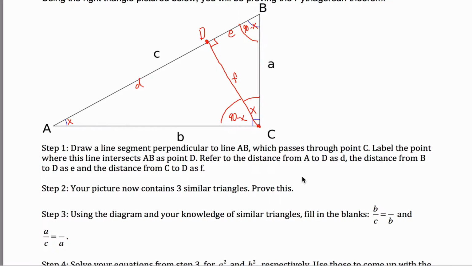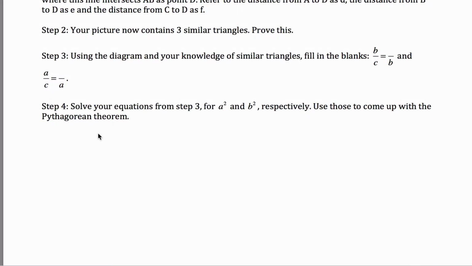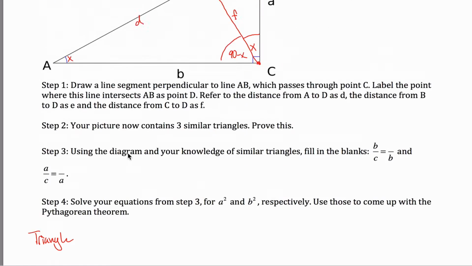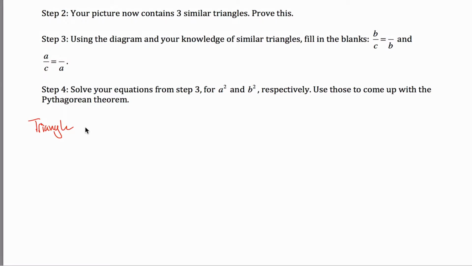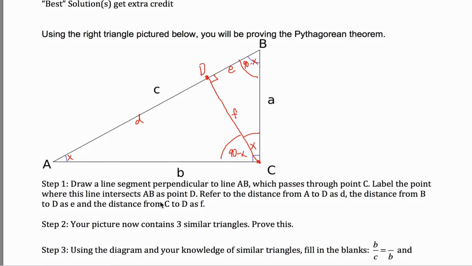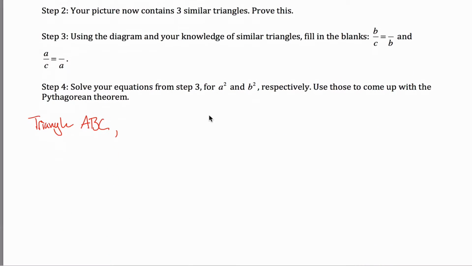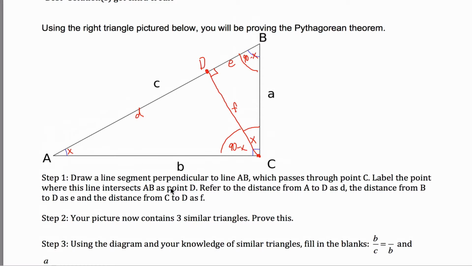So how do you prove this? Triangle ABC, that one goes from x to 90 minus x to the right angle. And so let's look for another one that does that. If you want to go from x to 90 minus x to the right angle, I could say ACD.